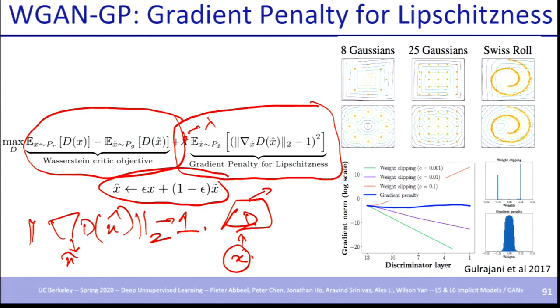So what are the samples over which this loss is averaged? Is it the generated samples? To the discriminator, you're feeding in generated samples as well as real samples. So you could take the gradient with respect to the input for both of them.